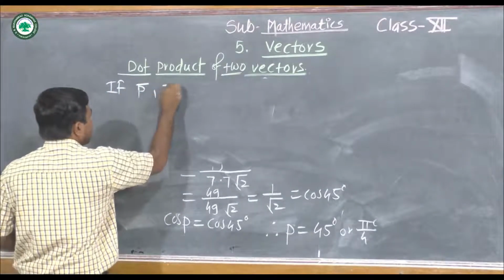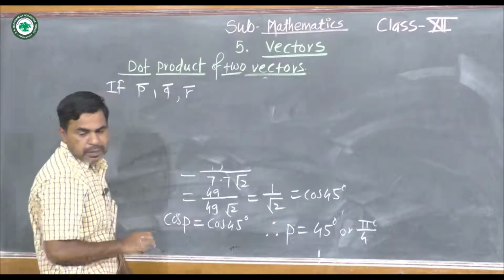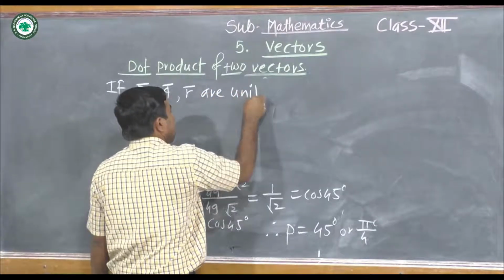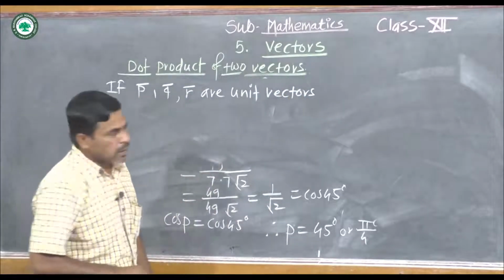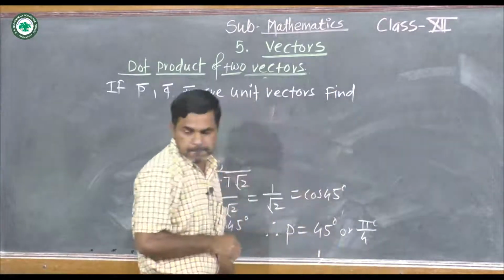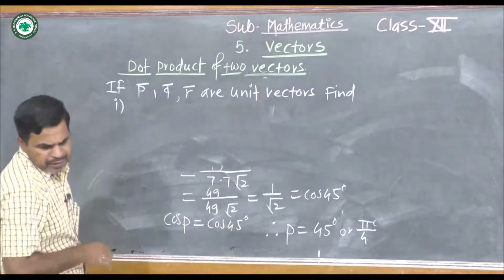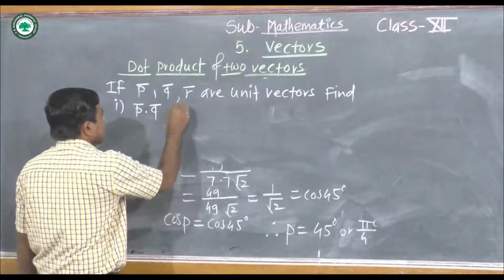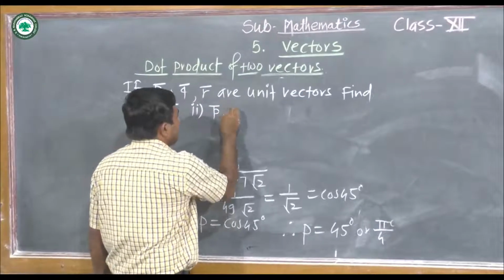Small p bar, q bar, r bar are unit vectors. Find first one, p bar dot q bar, and the second sub question is p bar dot r bar.